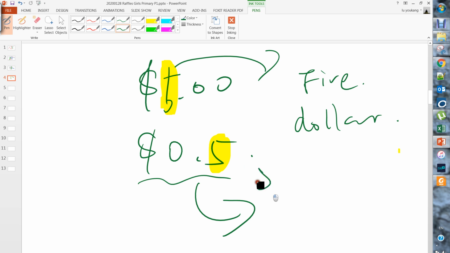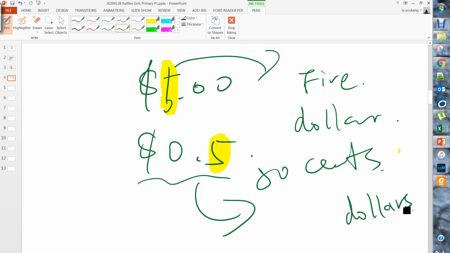So instead of 50 cents, I want to use dollars. So how many dollars is this? If I don't allow you to use cents, I don't want you to use 50 cents, how many dollars is this? $5?